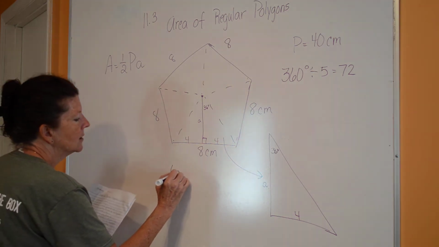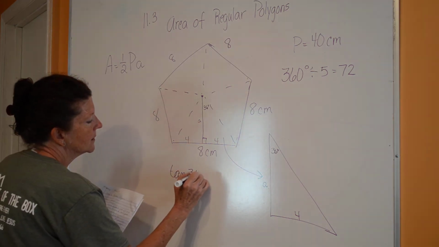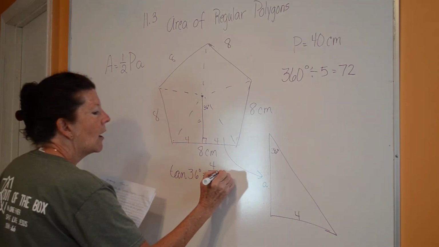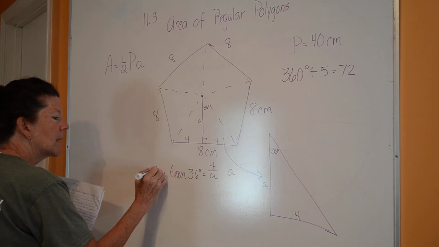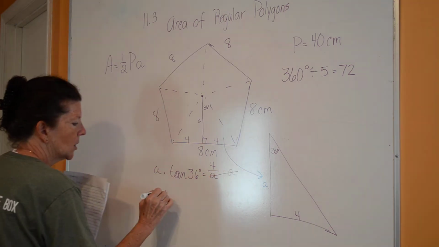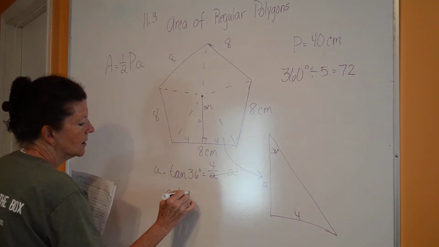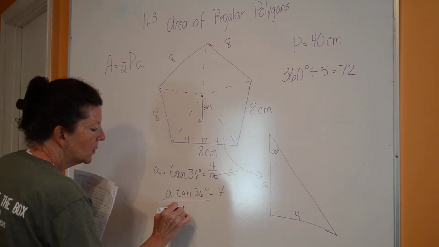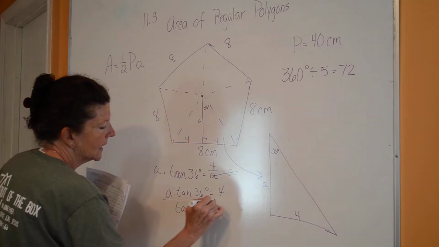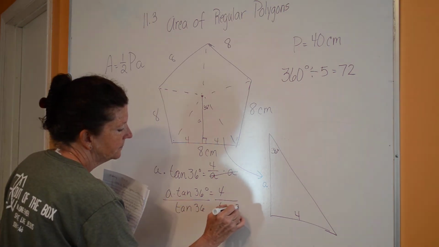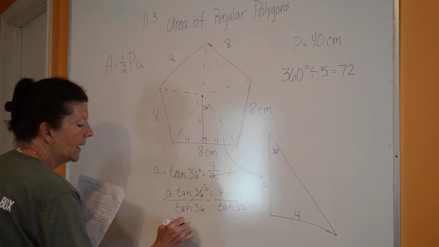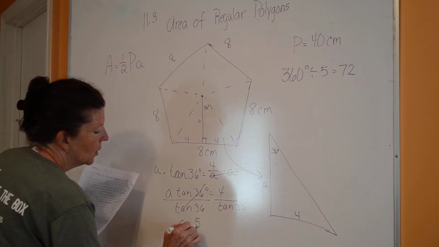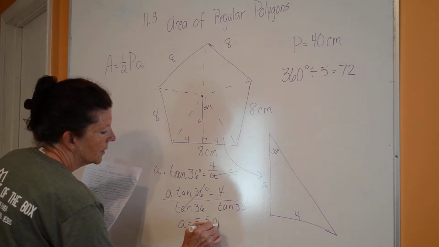So the tangent of 36 degrees is equal to 4 over A. Remember, we have to get the A off the bottom, so we multiply both sides by A. So I have A times the tangent of 36 is equal to 4, and then I divide both sides by the tangent of 36. So A, or the apothem, is 4 divided by the tangent of 36, or 5.5 centimeters.